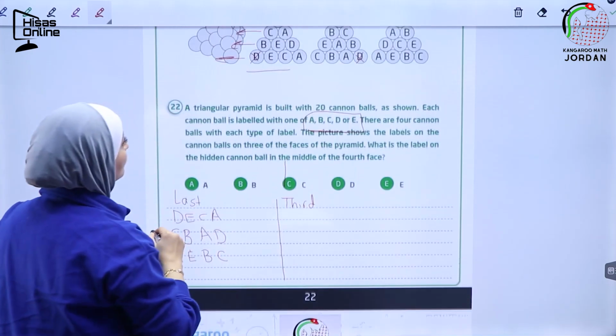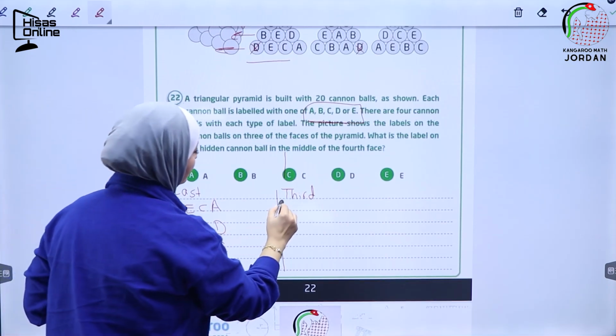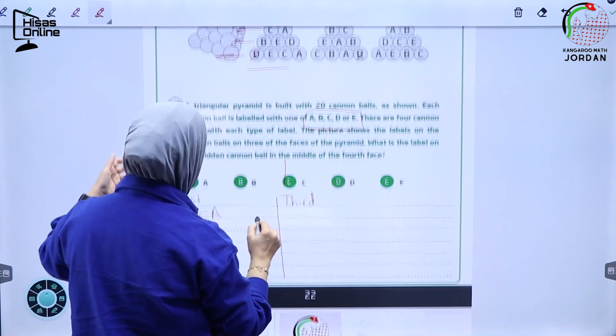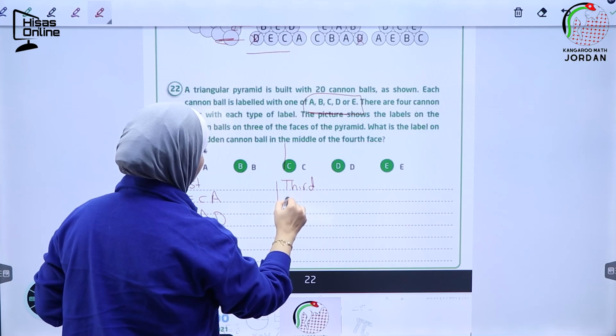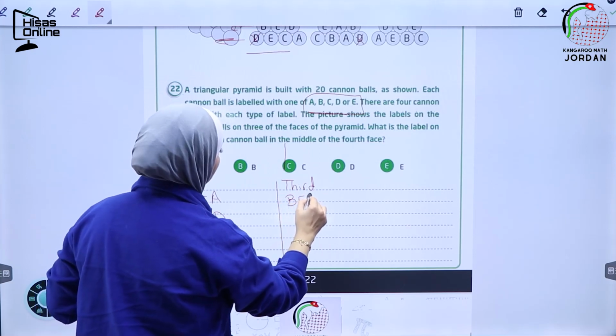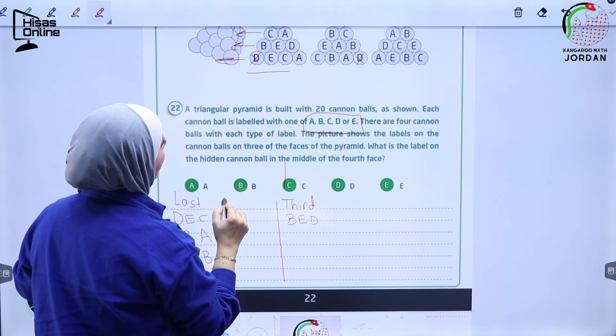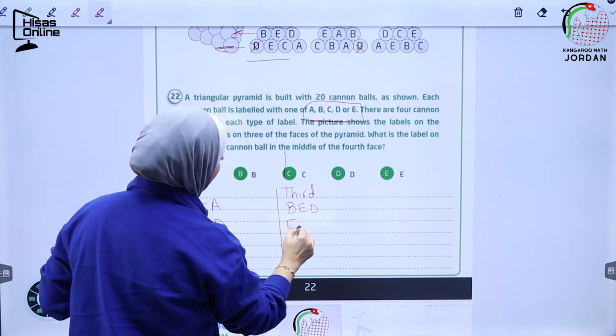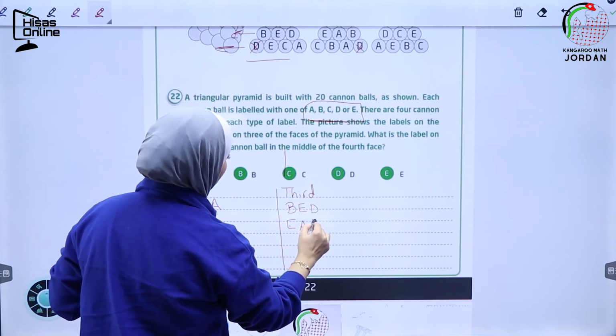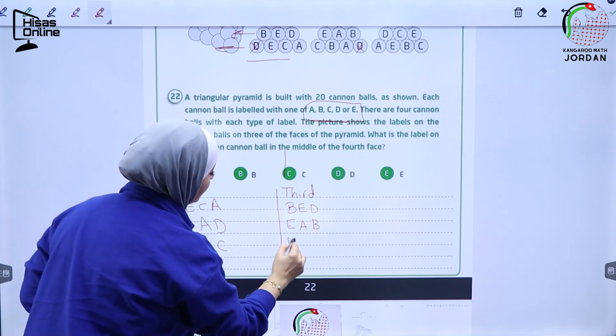The third row: BED, and we have EAB, and the last one, DCE.